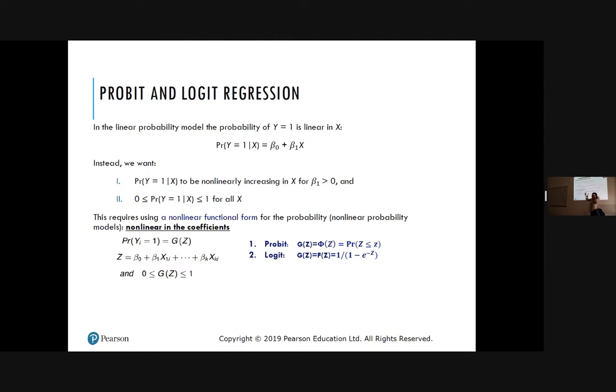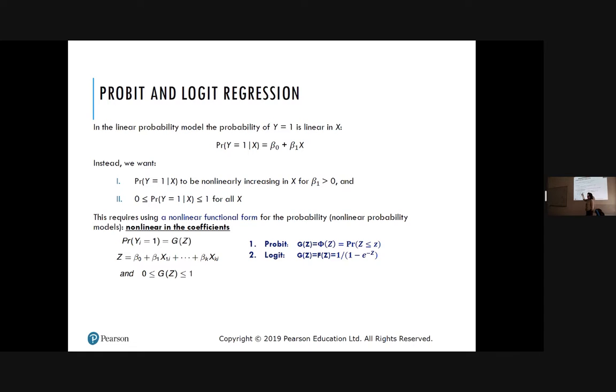While before, if you remember when we talked about polynomials, logarithms, and interactions between variables, we were accounting for a type of nonlinearity in which we had nonlinearity in the variables, but linearity in the coefficients. Here we have a nonlinear model in the coefficients.